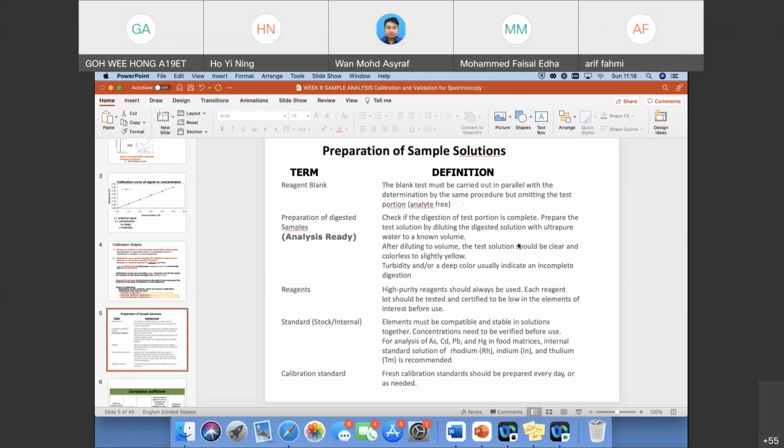So now we are going to look at what is analysis ready sample. Analysis ready sample is your sample, before this we have looked into the sample preparation. The sample preparation looks into the digestion, ashing, dry ashing. When all of those have been gone through, you dilute your digested solution with ultra pure water to a known volume, for example a 25 ml volumetric flask.